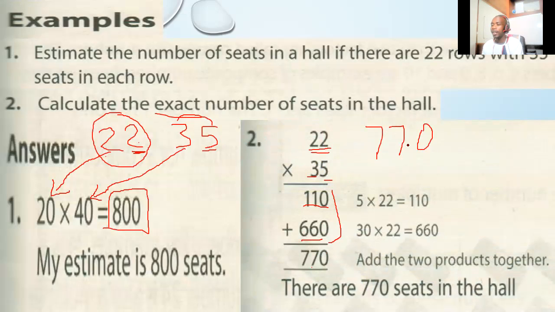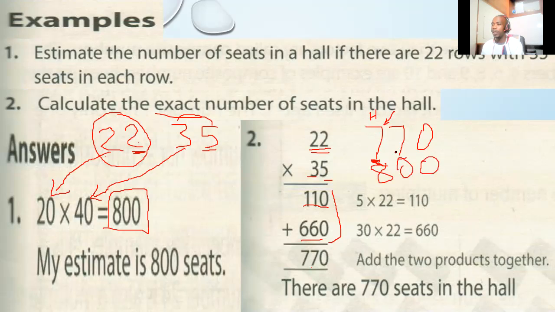If we round off to the nearest 100, the highest place value being hundreds, we look at the tens. The number here, 7, is bigger than 5, so we add 1 here. It becomes 8, and we make these ones zeros.